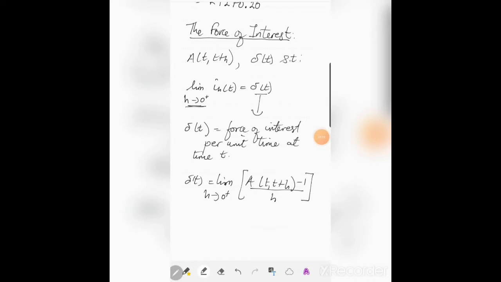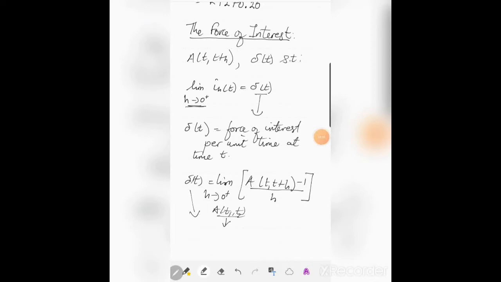So the force of interest here, delta t, is defined in terms of the accumulation function, which is nothing but a(t1, t2). So this is the accumulation function which we looked at.